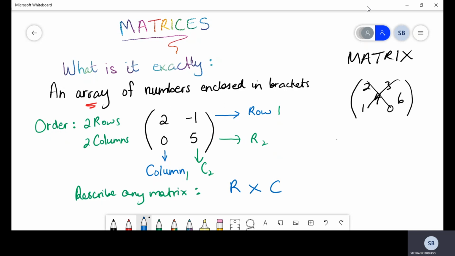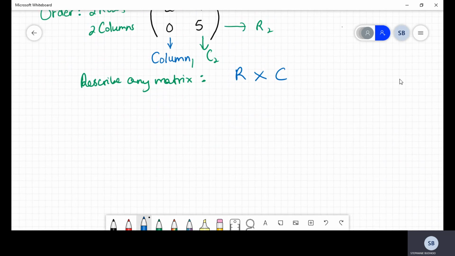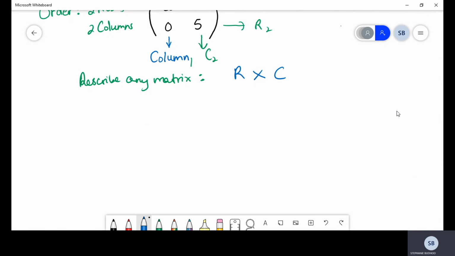Let's look at an example. Let's just say we were given an array of numbers that look like this: 2, 1, 5, 6, -2, 0.